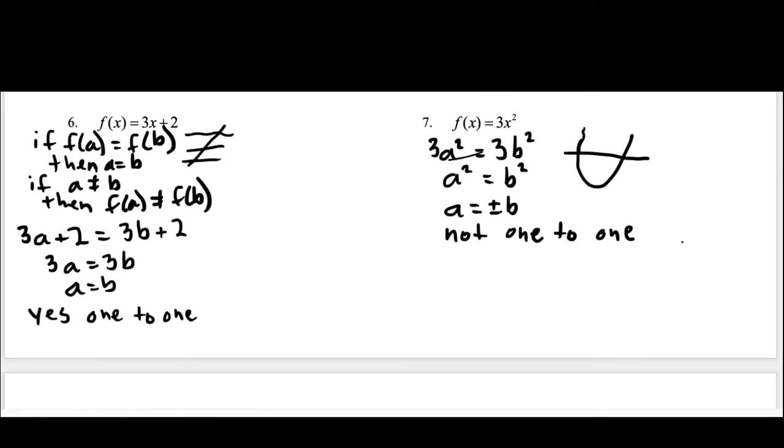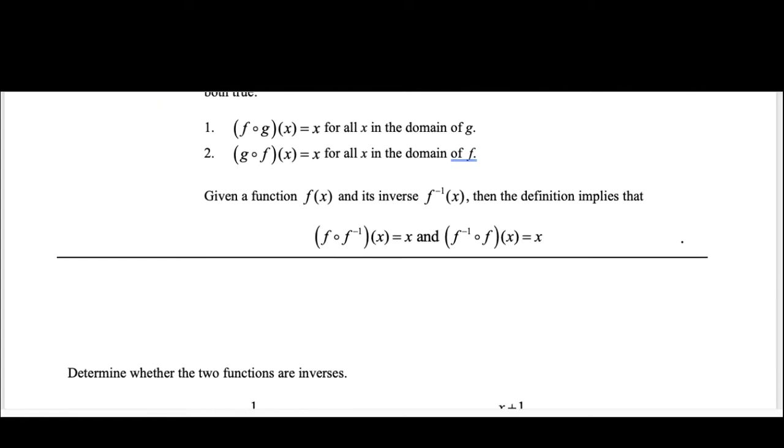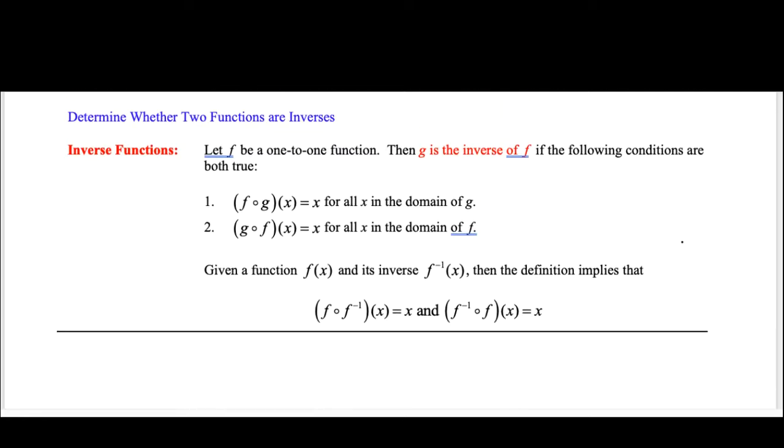Okay, so what we said is that a one-to-one function is a type of function that has an inverse. And an inverse function is a function that does exactly the opposite of the original function.